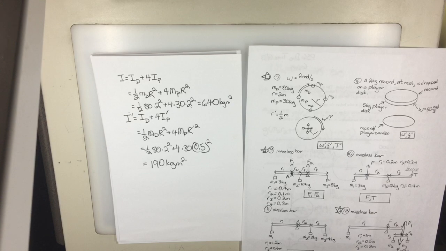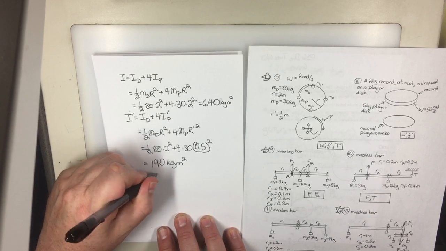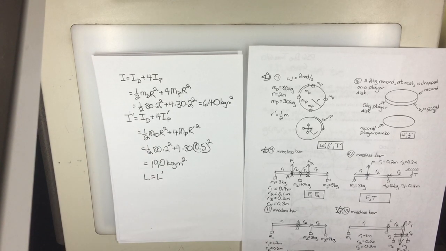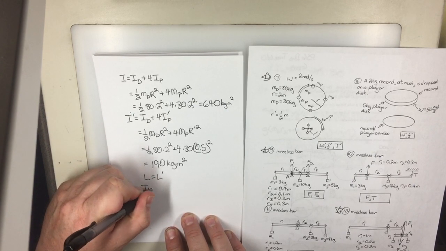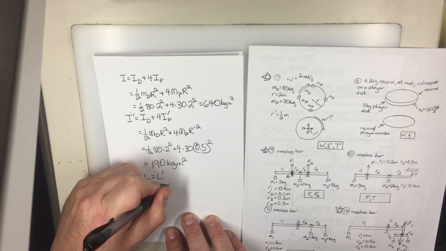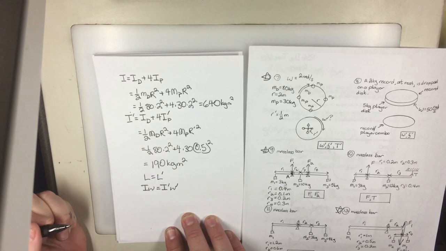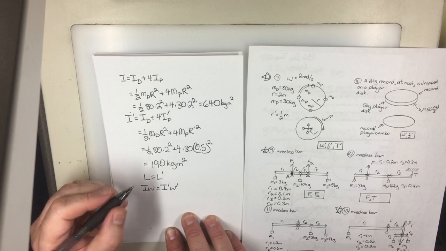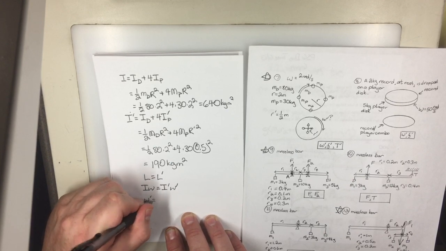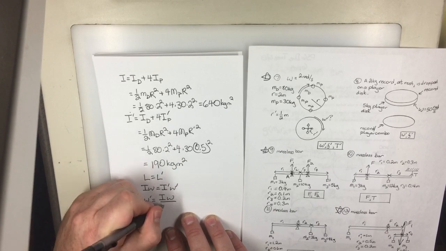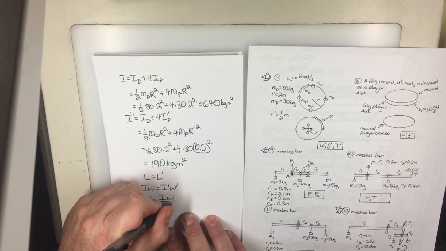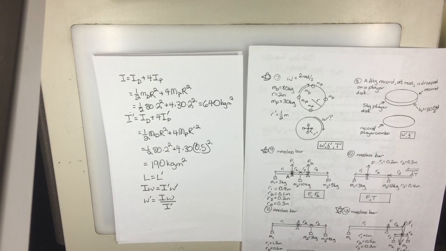What we do is conservation of angular momentum: L initial is equal to L final. L, which is I omega, equals I prime omega prime. The new angular velocity is just the old moment of inertia times the initial angular velocity divided by the final moment of inertia.